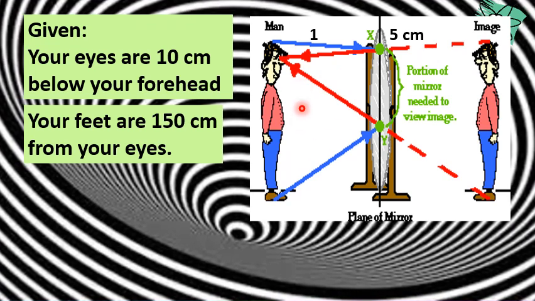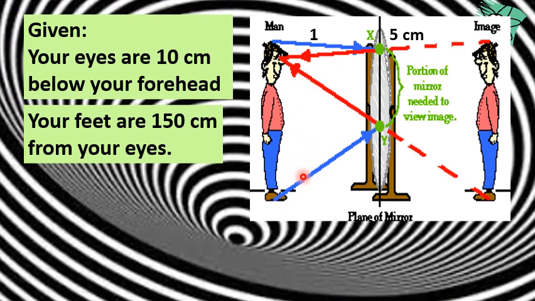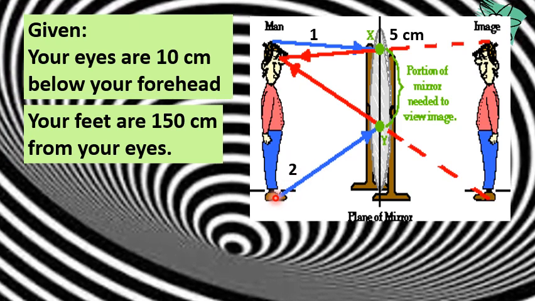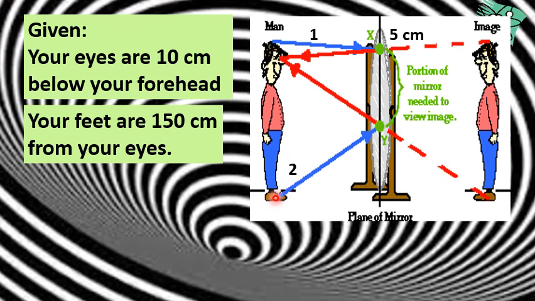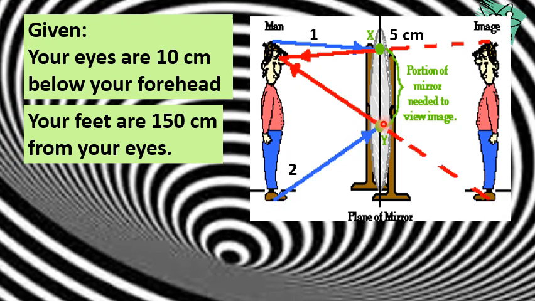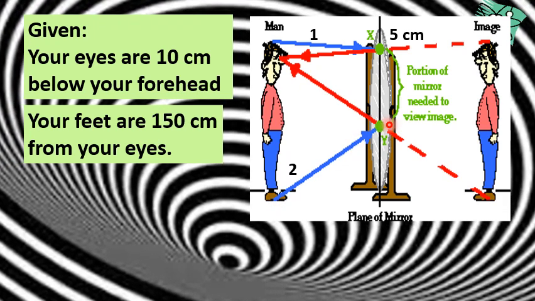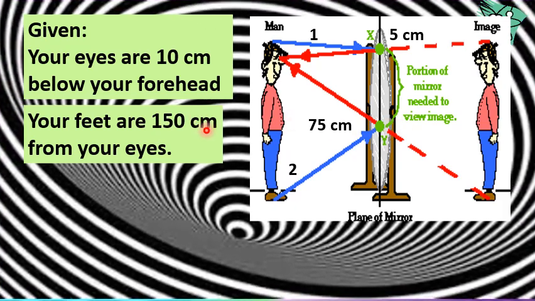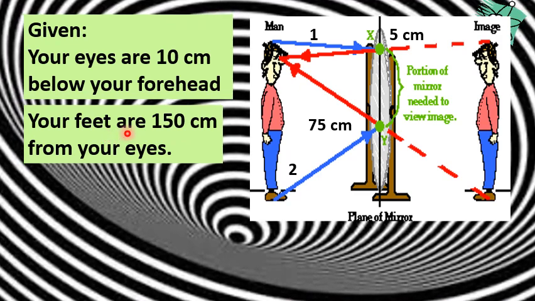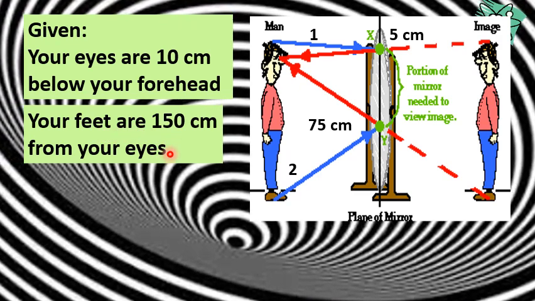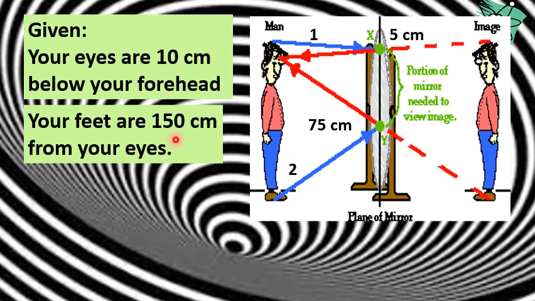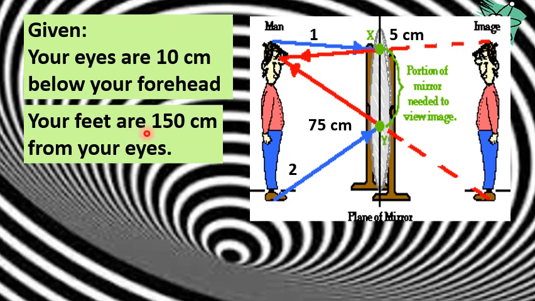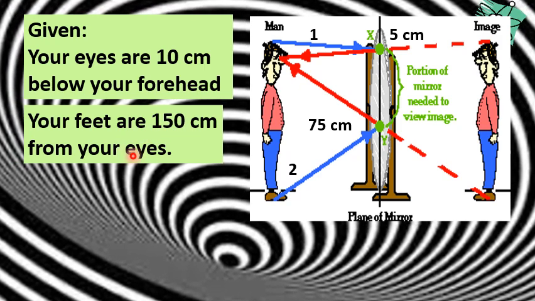And also, we choose another light ray number 2, coming from your feet. So when it hits that point there, exactly 75 centimeters, that's half of the distance between your eye level and your feet.